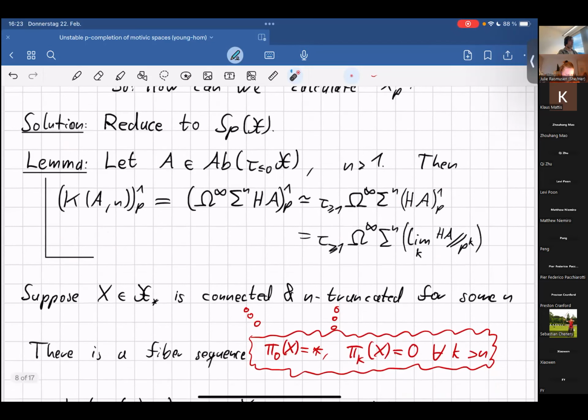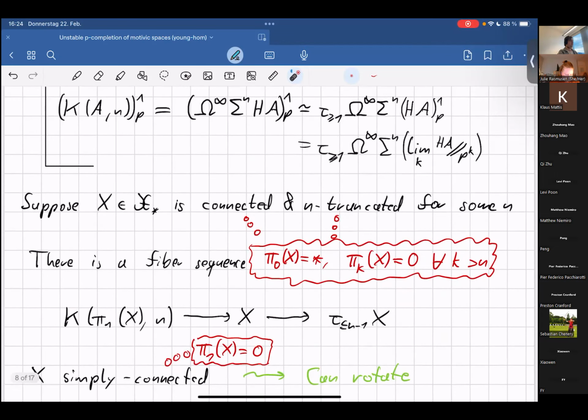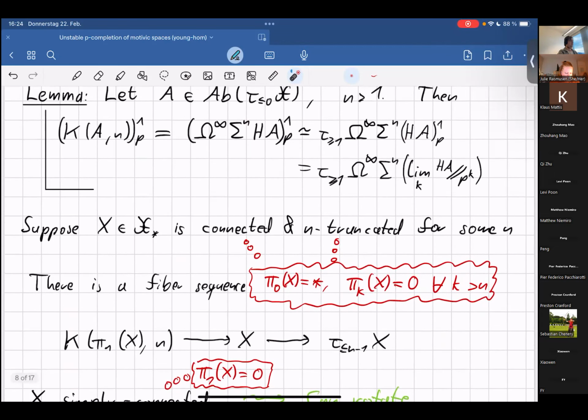And now the goal is to somehow get from Eilenberg-MacLane sheaves to general sheaves. And okay, how to do this? So first, suppose we start with an X which is connected and n-truncated. So connected and n-truncated just means that the pi 0 is trivial and the pi k's are trivial for k bigger than n.